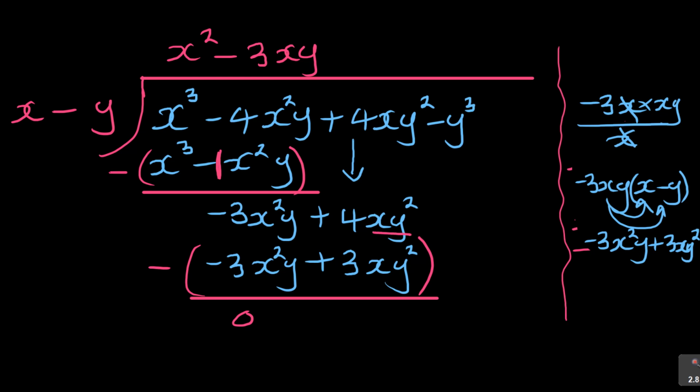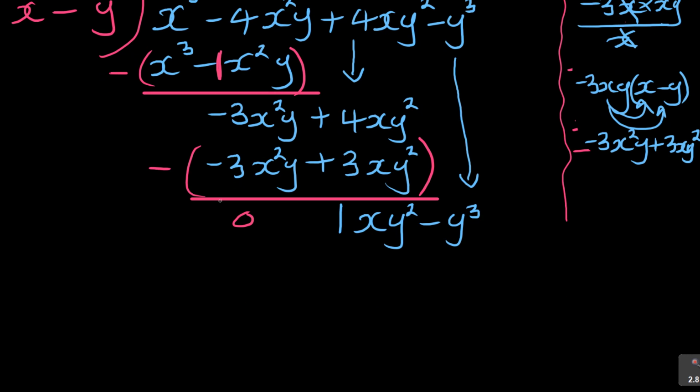You see, same terms, xy squared, xy squared. Guys, are you following? So it's simple 4 minus 3. What is 4 minus 3? 4 minus 3 is 1xy squared. Are you with me? Then you bring the last one here, which is minus y cubed. Then that's the conclusion of the whole matter here.